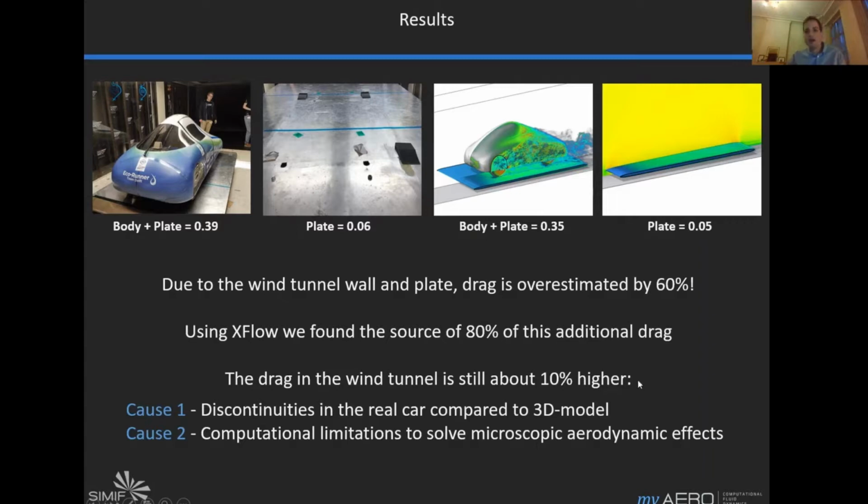We still have a little bit higher drag in the wind tunnel compared to our 3D model, and that's because the real car, you can see the tape here and wiper blades here, has a little bit more drag. The second cause is that XFlow just does not have enough computational resources to solve the boundary layer in microscopic detail.